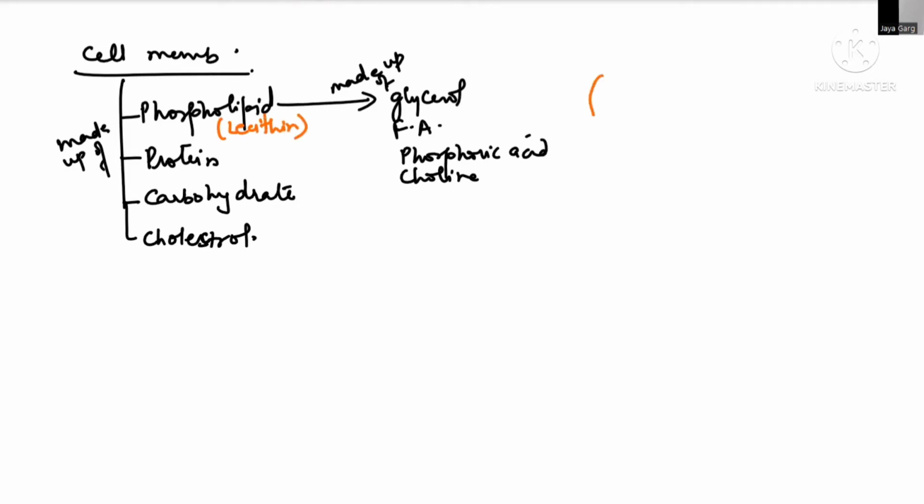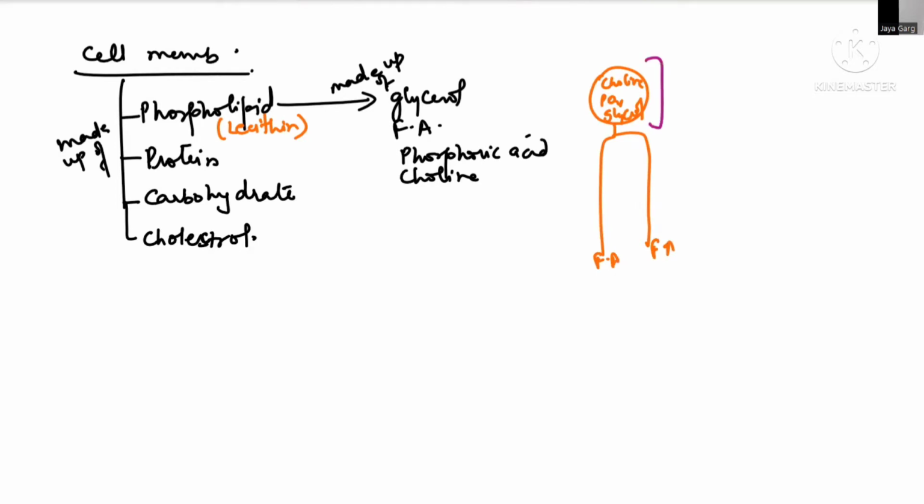Try to understand. This is the head. The head has choline and phosphoric acid. I'm writing in short. It has glycerol and two long fatty acids, which are the tail. So these fatty acids work as a tail.